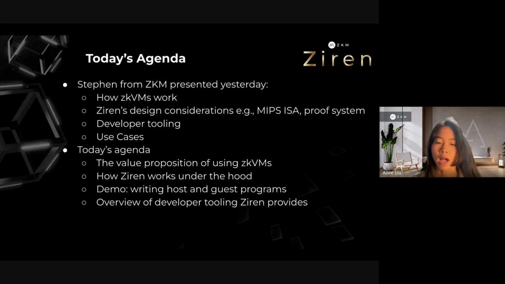And then also how Ziren, which is zkM's zk VM, works under the hood. And then, as Saif mentioned, this is more of a hands-on discussion. So we'll be going over a demo of how you can write your host and guest programs, and from those programs, generate proofs and verify them. And then I'll also show you some of the developer tooling that Ziren provides.